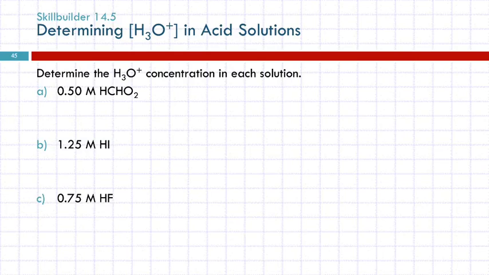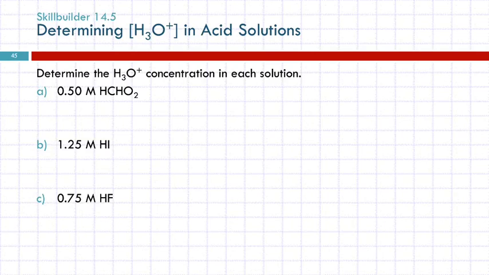So let's look at this problem. Determine the hydronium ion concentration for each solution. So the first thing you have to do in a problem like this is to identify whether this is a weak acid or a strong acid. HCHO2.